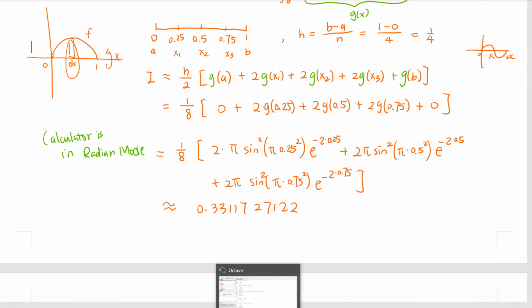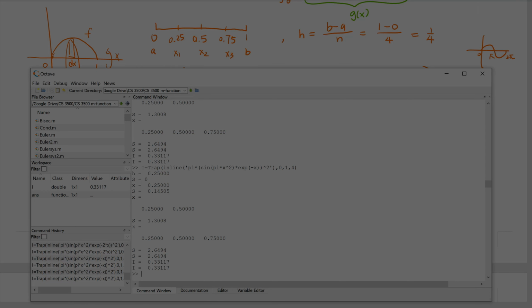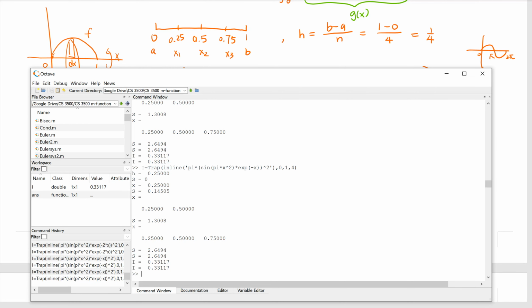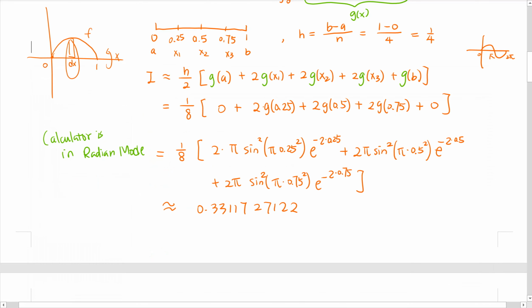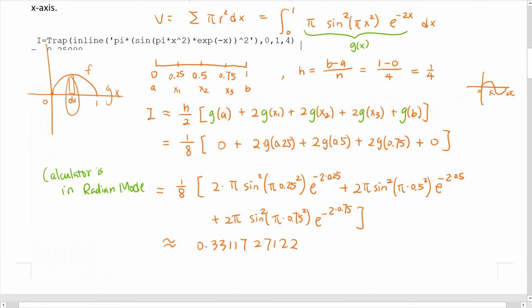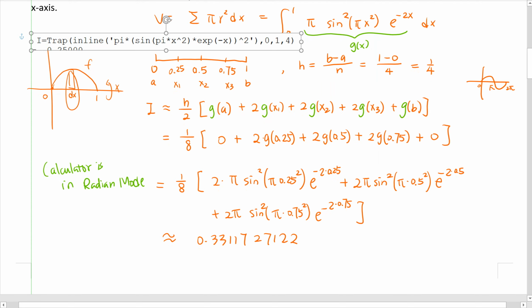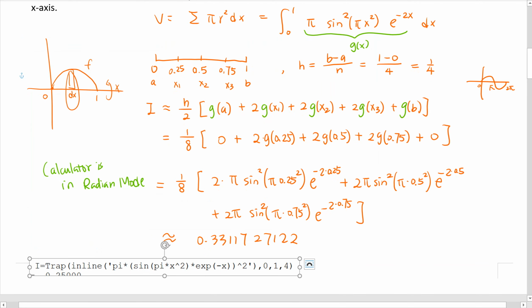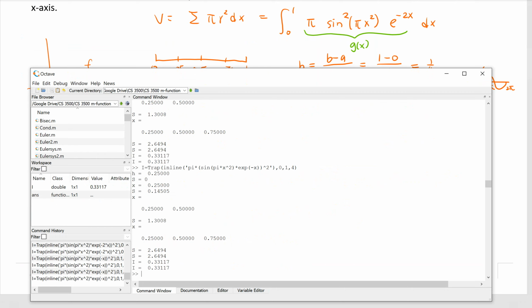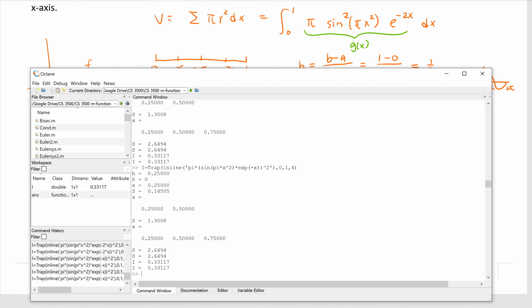Okay, and let me see, can I print screen here so that you can see how we check our work in MATLAB? Okay, so let me move this here. Okay, and let me also print screen the answer, then you have that in the notes.